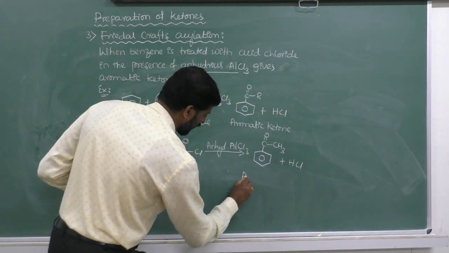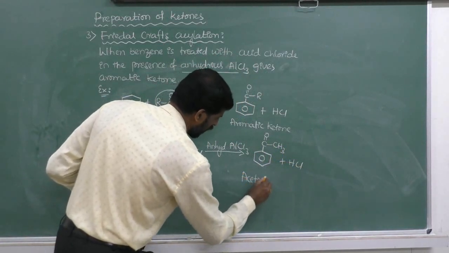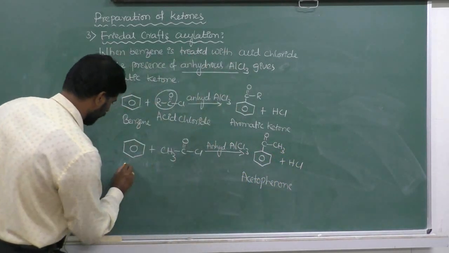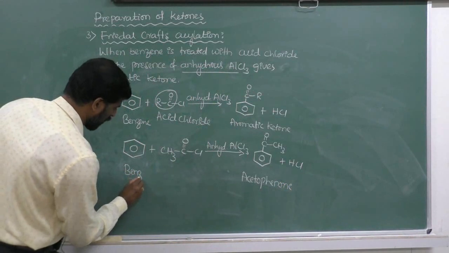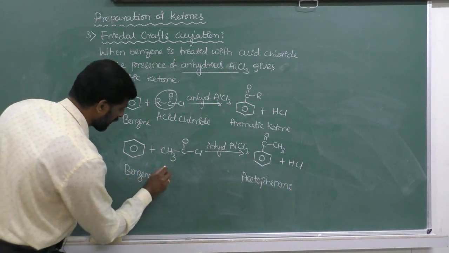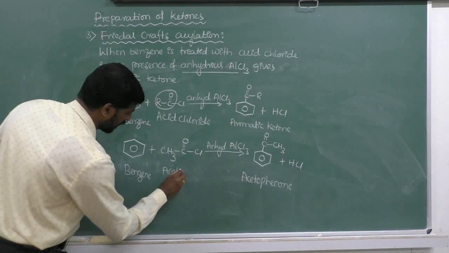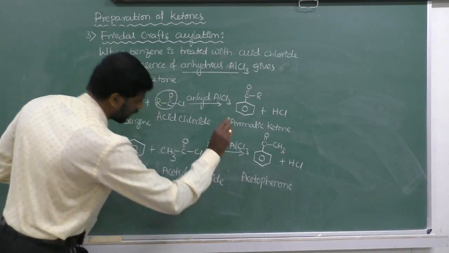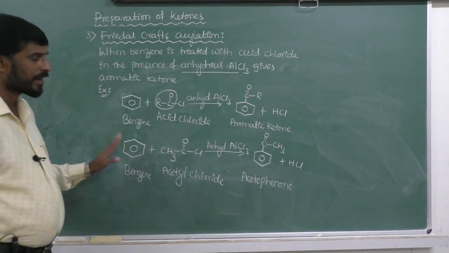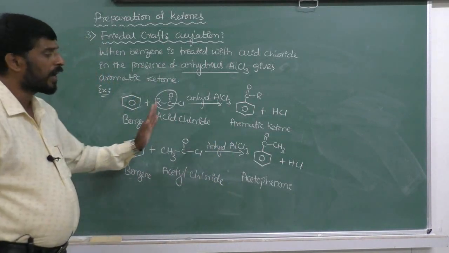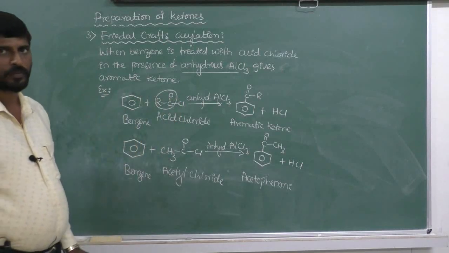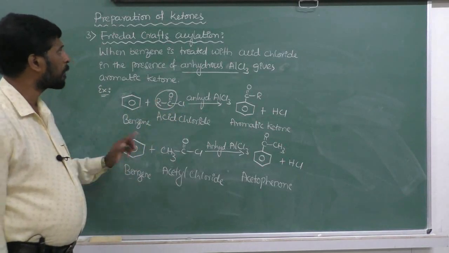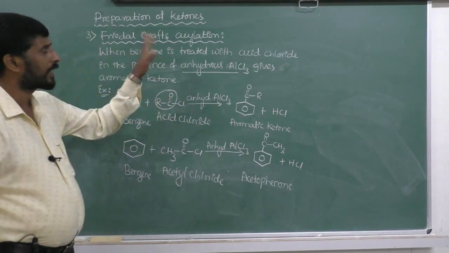So this is nothing but acetophenone. Acetophenone is formed. So this is benzene and this is acetyl chloride. This reaction is called the Friedel-Crafts acylation reaction. In this way the aromatic ketones can be prepared by Friedel-Crafts acylation.